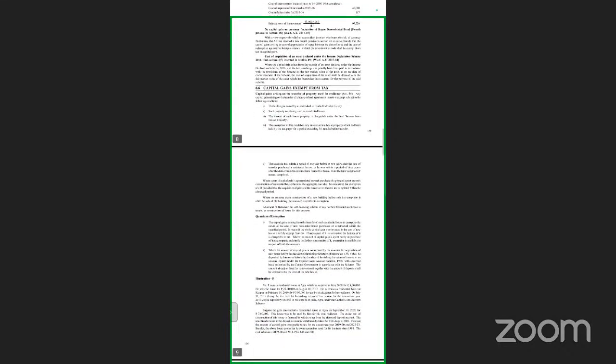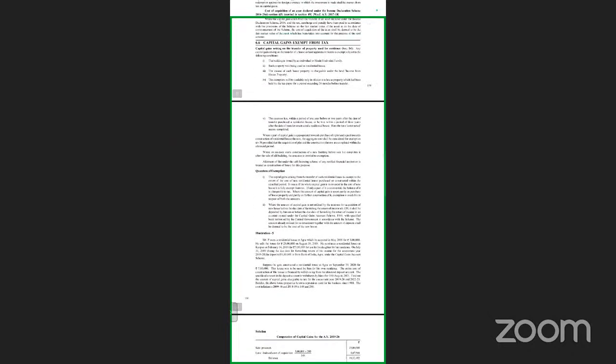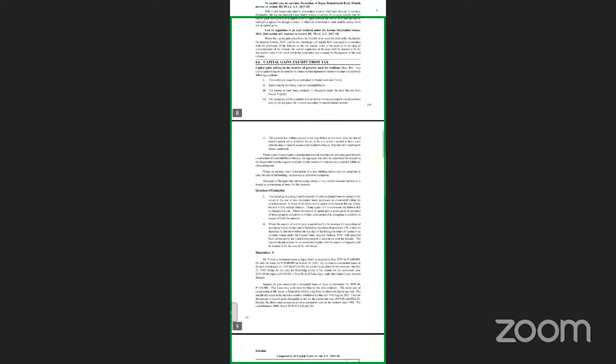And apart from that, we have certain exemptions. For example, just now we sold one plot, and for example, instead of a loss, we got some profit.